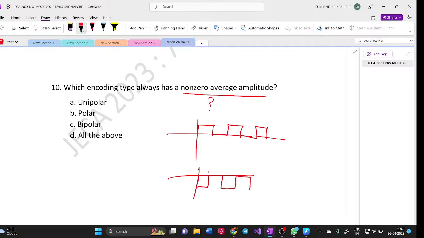Yes, Rakesh was right. Unipolar. Very good. Next question.